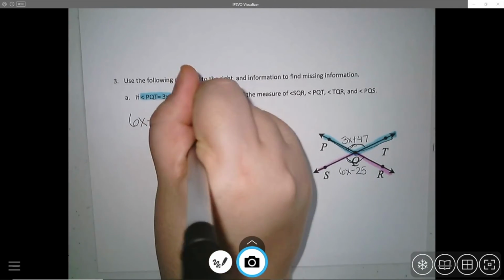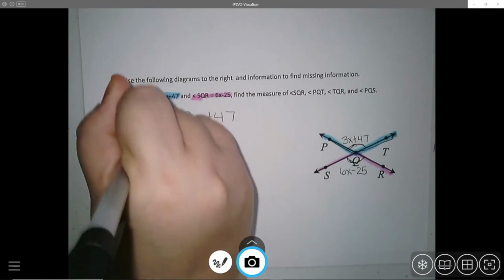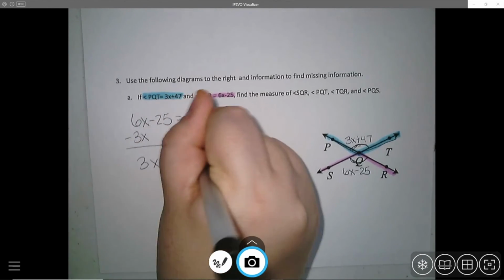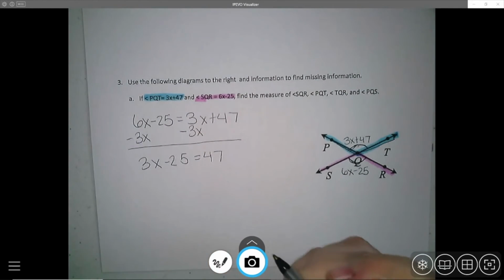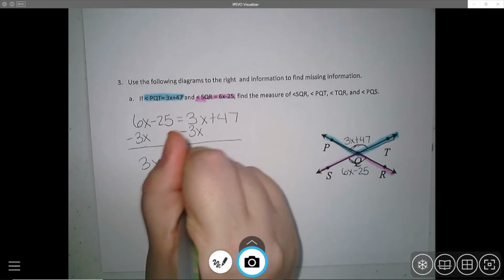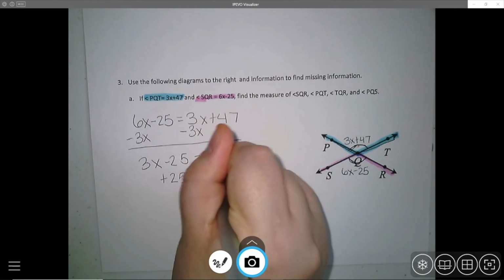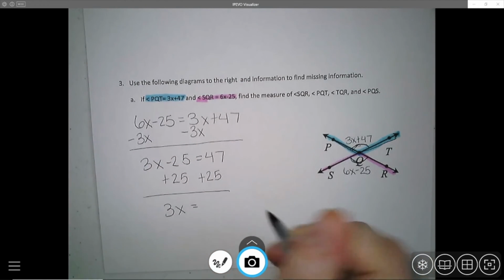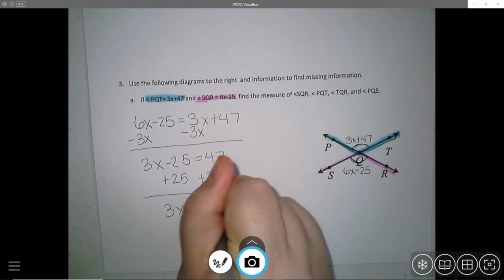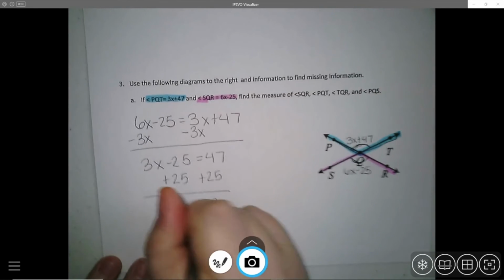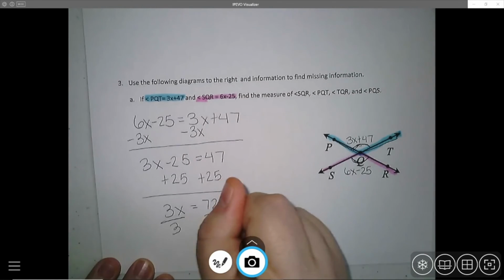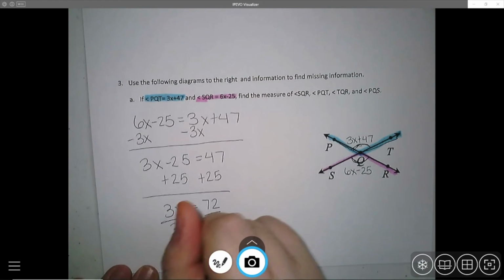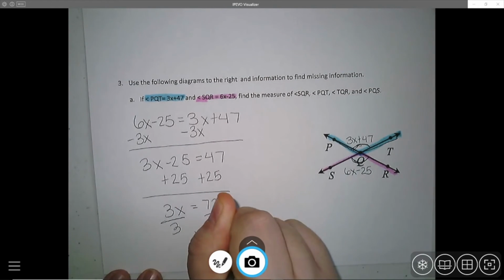To solve for x, subtract 3x. I get 3x minus 25 equals 47. Then add 25 to both sides. I get 3x equals 72. Divide by 3. Again, if you have to use your calculator on some of these, use it. X equals 24.